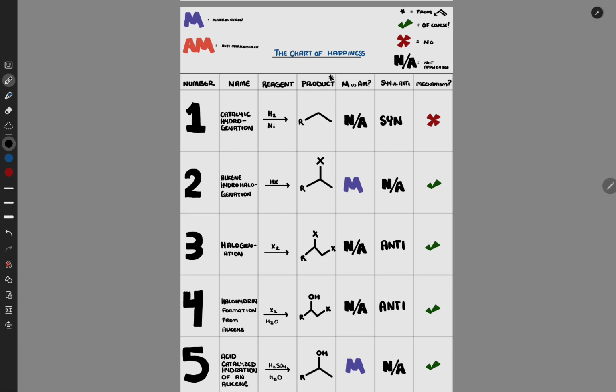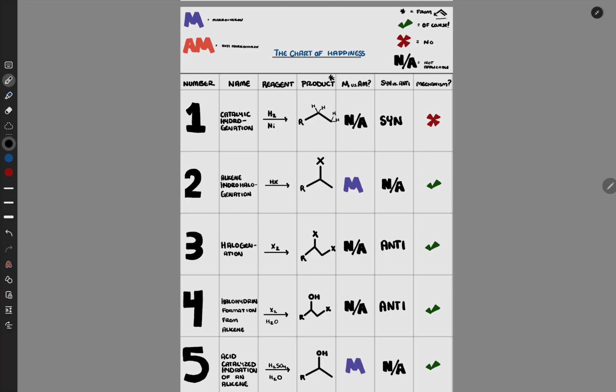The first reaction here that we're going to look at is a catalytic hydrogenation, which you can break down from that word, hydrogenation. You just add 2 hydrogens using the catalyst of nickel. That'll get you from an alkene to an alkane by adding 1 more hydrogen on an area where there's already a hydrogen.